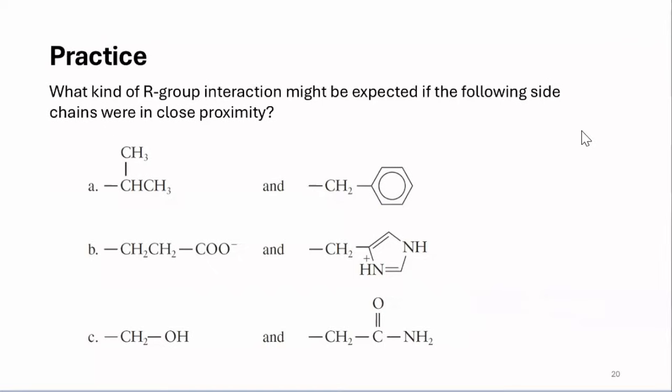In essence, we are asking what will happen if the side chain of valine interacts with the side chain of phenylalanine. Since both of these side chains belong to the nonpolar side chain group, their interaction in the tertiary structure is going to be hydrophobic.